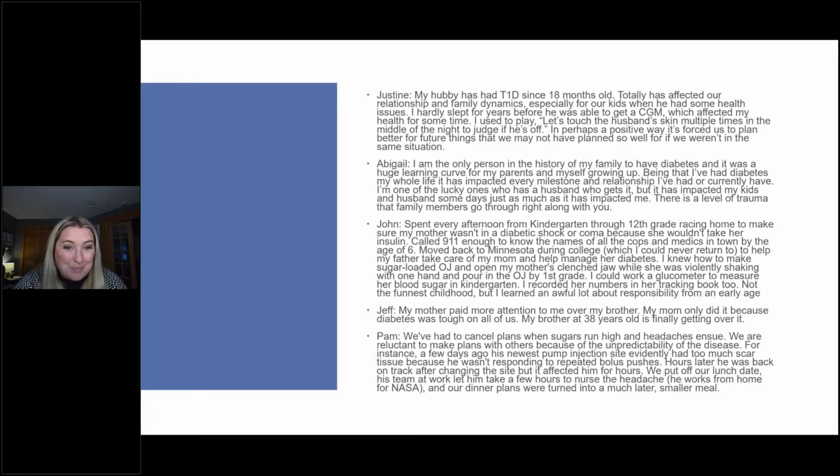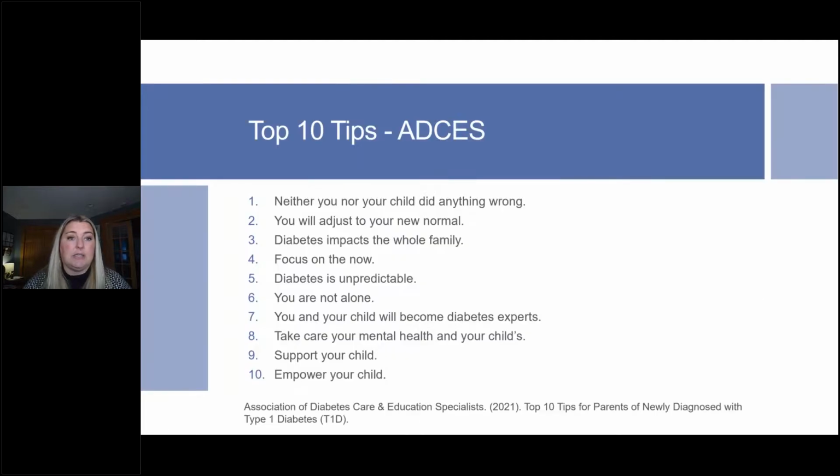Jeff talked about how his mother paid more attention to him with type 1 over his brother. His brother, who's nearly 40 now, is finally just about to get it. Pam talked about having to cancel plans when blood sugars run high, headaches ensue. They're reluctant to make plans with others because of their children with diabetes.